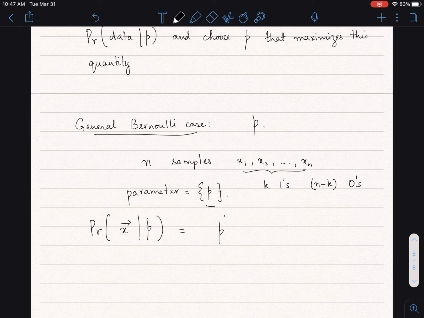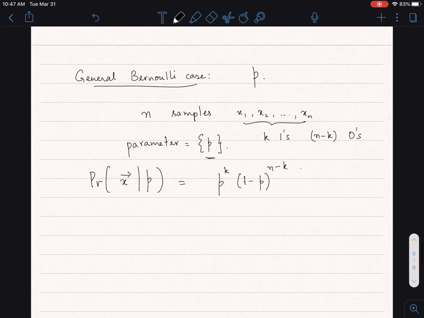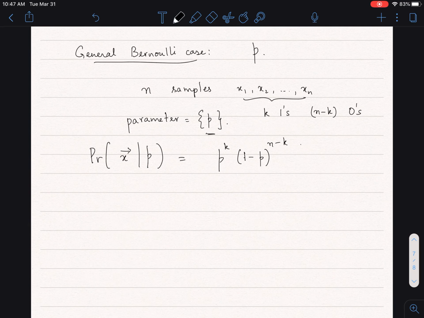It's p to the power k times (1 minus p) to the power n minus k. And this I will denote by L of p as before. This is the likelihood function, and it's a function of the parameter p. So now, what is the value of p that maximizes L of p?